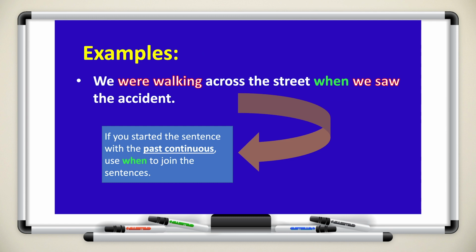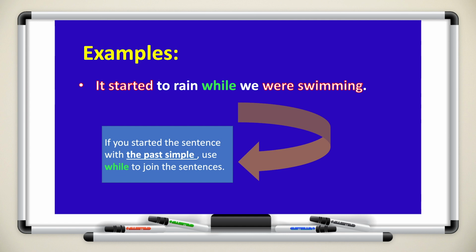So for example, we were walking across the street when we saw the accident. Two events, both in the past, and one interrupted the other. The connection between the two sentences is the word when, and we can also use while. It started to rain while we were swimming.